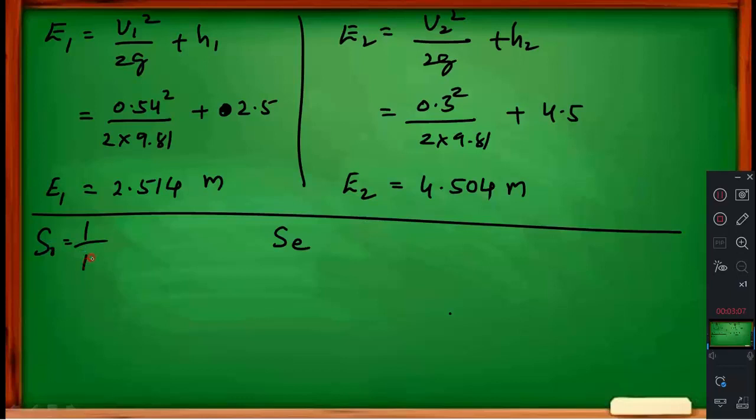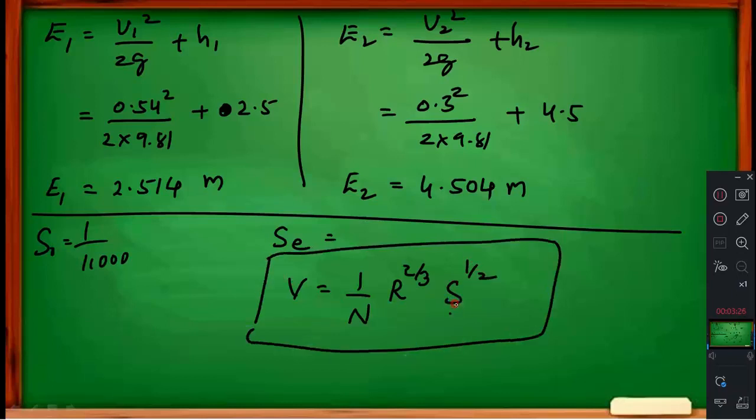Now S0 is known to us. S0 is 1 divided by 11,000, but SE I don't know. If I consider V is equal to 1 by N into R raised to 2 by 3, S raised to 1 by 2, this equation only I have to use to calculate SE.